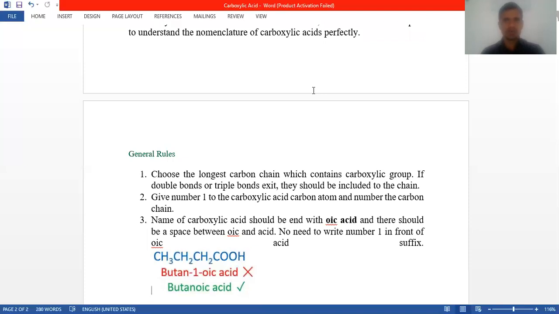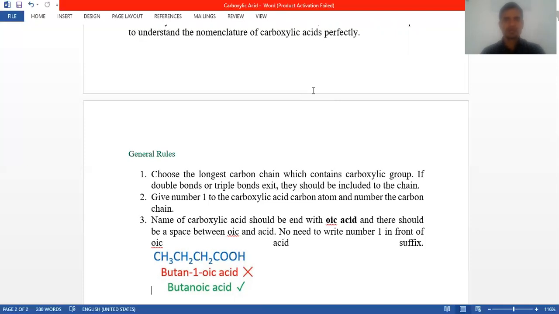Select the longest chain in our organic compound which contains the carboxylic functional group, and if it contains a double or triple bond, then the double and triple bond also get numbers. Then rule number 2: give the number 1 to the carboxylic acid carbon atom and number the carbon atom chain. So before starting the numbering, the carboxyl carbon atom is given as number 1, and then start the numbering of the longest chain.